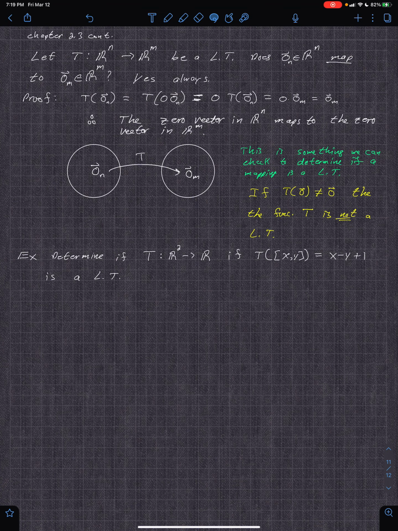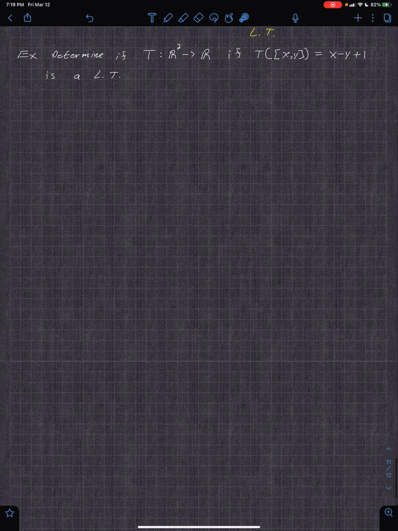Determine if this function, T from R2 to R, defined as such, is a linear transformation. And so you have the vector xy in R2, and then you take those two components, and when you do the transformation, you subtract them and then add 1. So is that a linear transformation? Is the question.